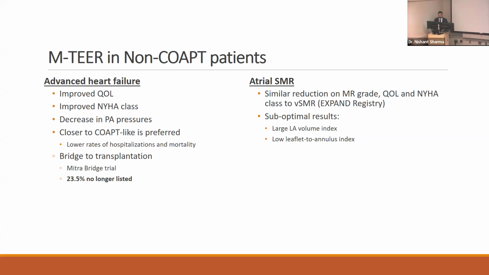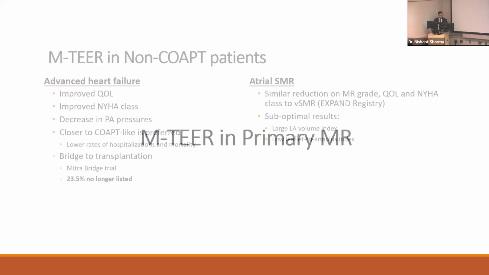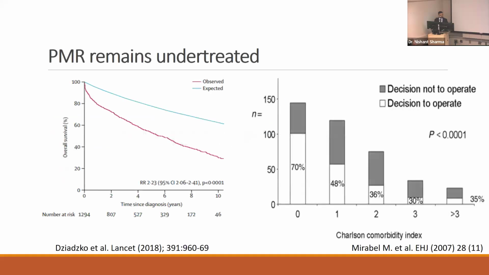And then atrial secondary MR, which is a new term that we've all been using a lot in the mitral valve space. We're really understanding the pathology behind it, and there's more data to come about which patients would benefit most from M-TEER.